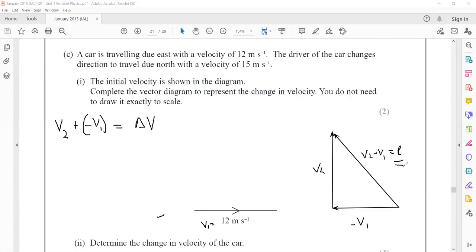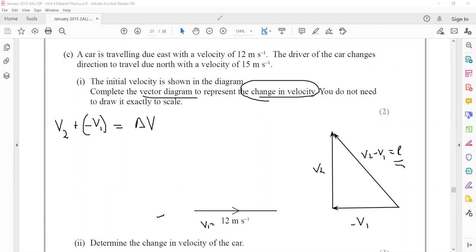Is it clear? Because in the question, we need a change in the velocity. When we need change in velocity, we need V2 minus V1, or the difference in the velocity. When we complete this vector diagram, we don't have to show the arrow here, but basically it's opposite.